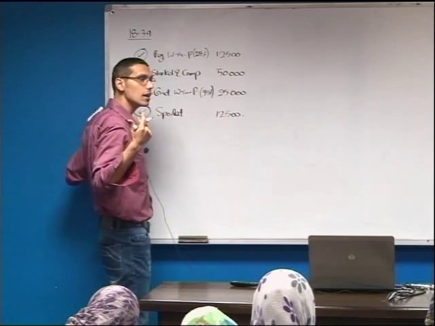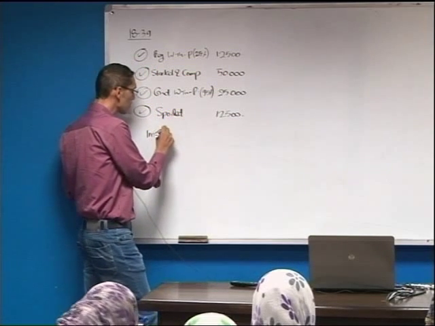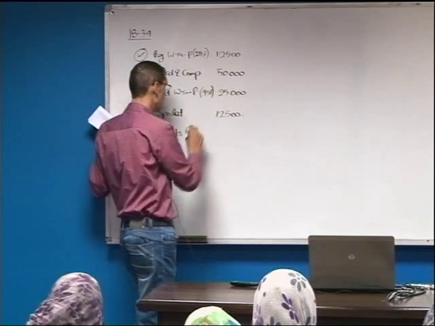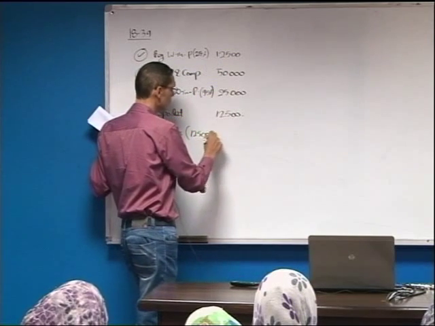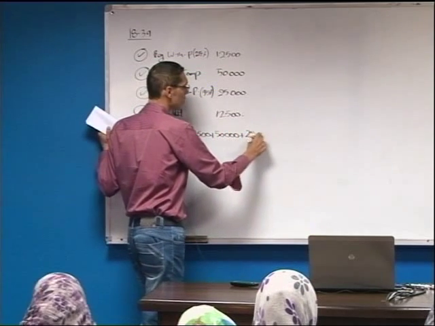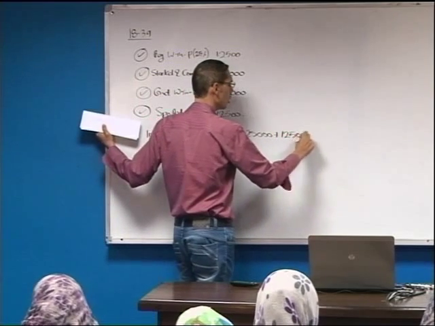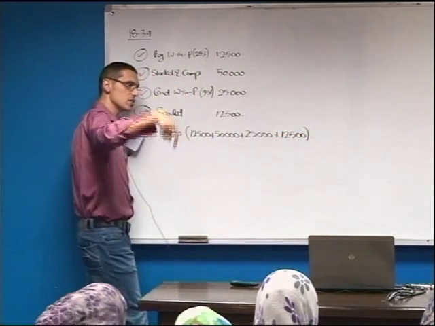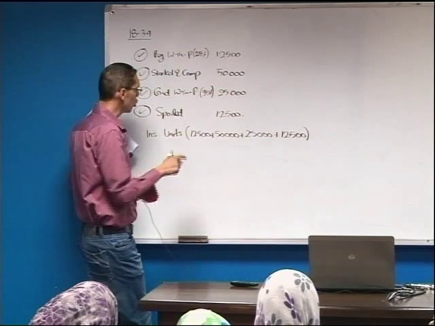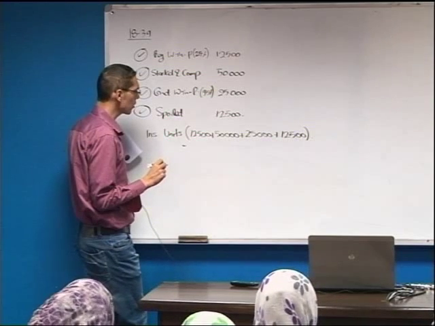Therefore, as we took in the previous lectures, we said that the inspected units are the 12,500 plus the 50,000 plus the 25,000 plus the 12,500, all inspected within this period, correct? What would be the total of these numbers? 100,000, I think.